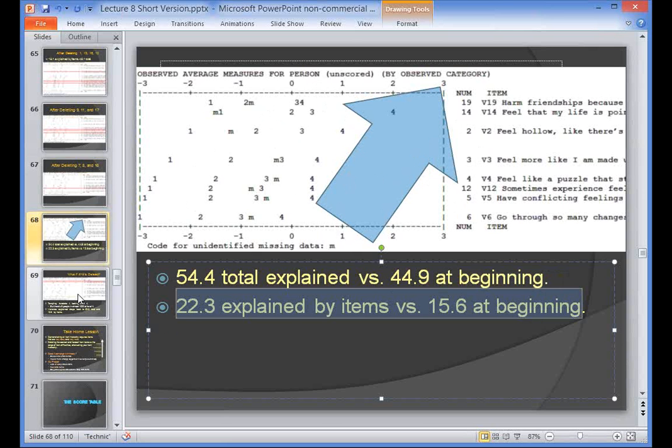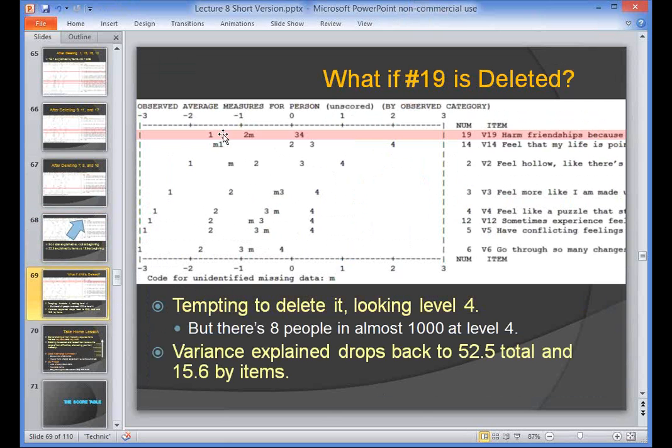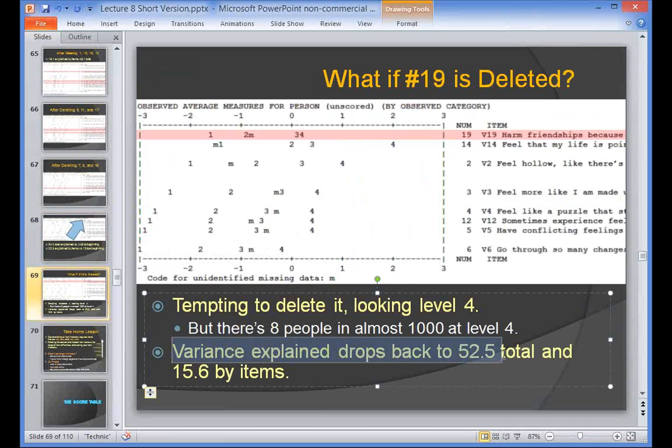Unfortunately, if you delete item 19, what happens? Well, it looks like a bad item because the 3 and the 4 are close together. If that fooled you, if you didn't realize that there are just very few people at level 4 here, and you decided to delete this item, the amount of variance explained drops back to 52.5 total and 15.6 variance explained by the items.